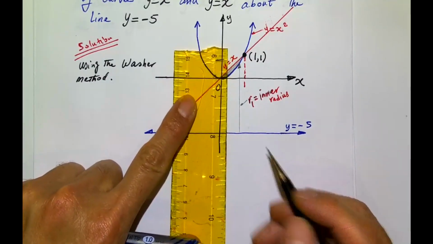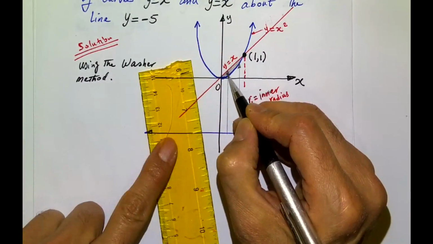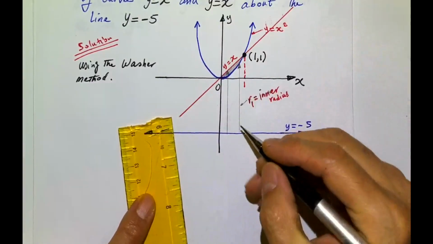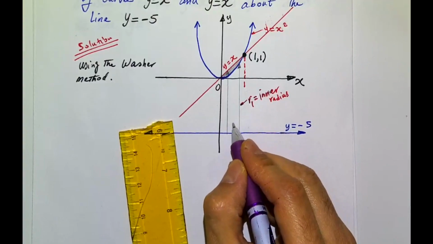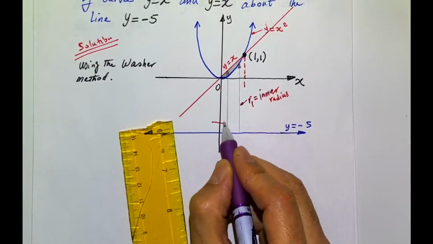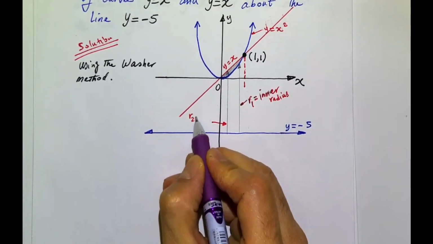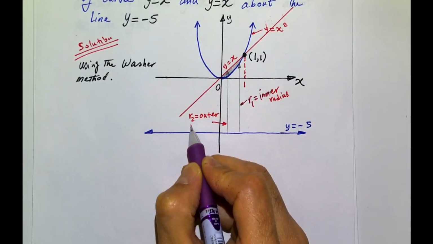I'm going to draw an arrow from that line to the axis about which we're rotating. So this is R1 and this is, let's call this R2, or the outer radius.